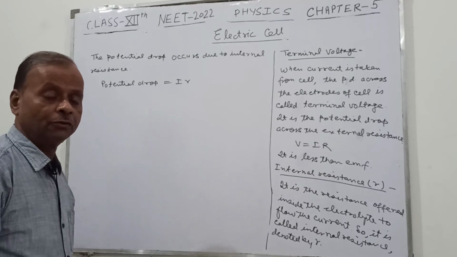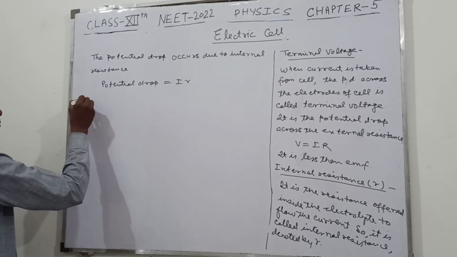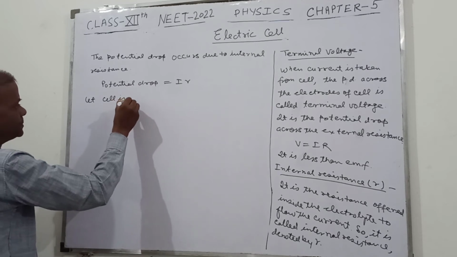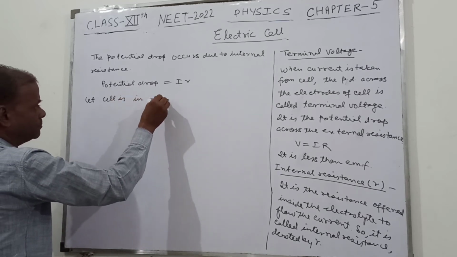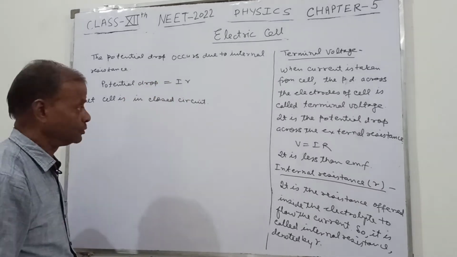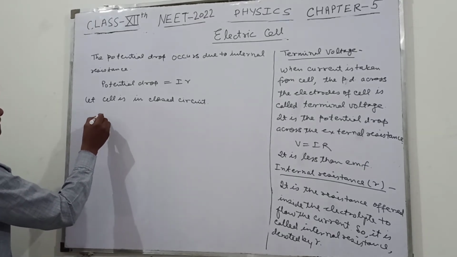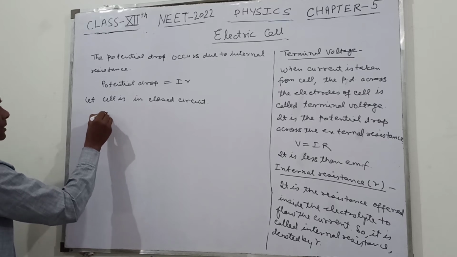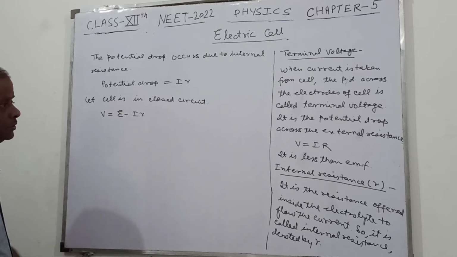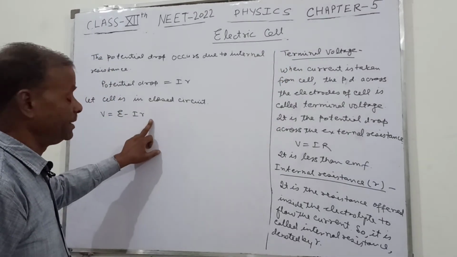So now what we have? When the cell is in closed circuit, मान लो क्लोज सर्किट में होता है तो क्या होगा? This terminal voltage V is equal to E minus Ir.